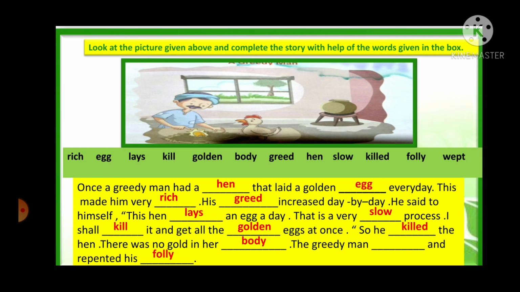The greedy man wept and repented his folly. So he became greedy and he killed the hen who made him rich. At last, when he killed the hen, he didn't get any eggs, and hence he wept and repented of his stupidness.